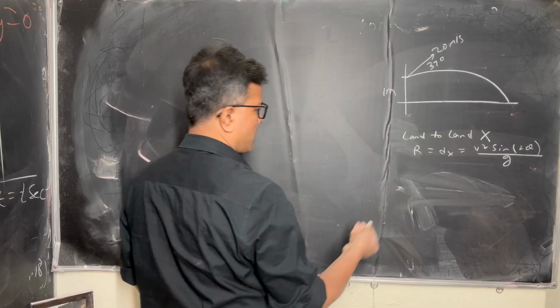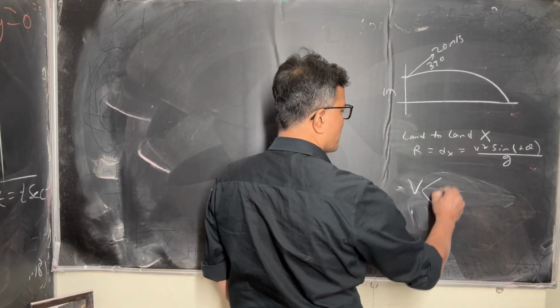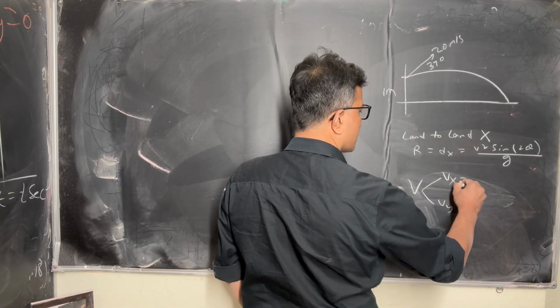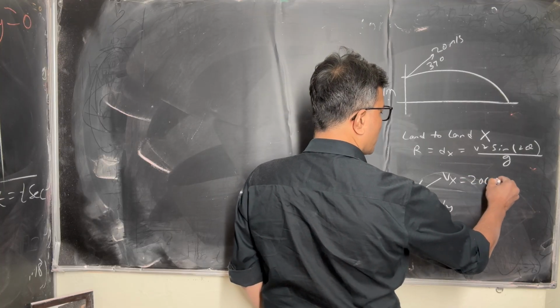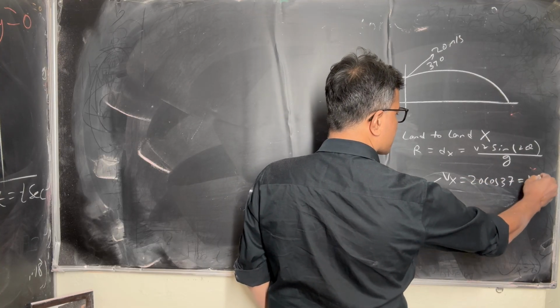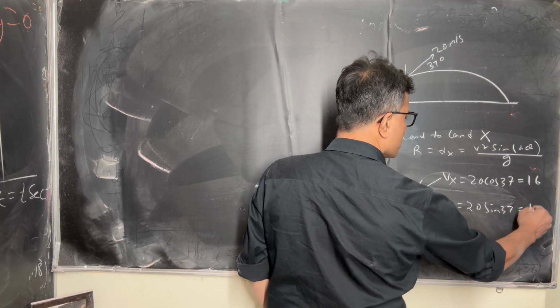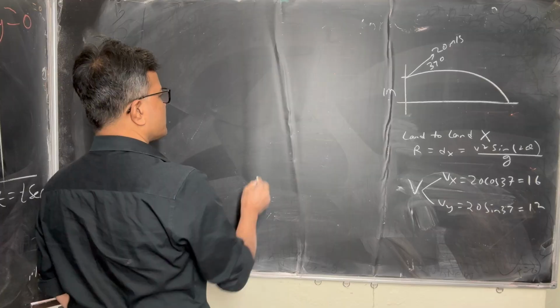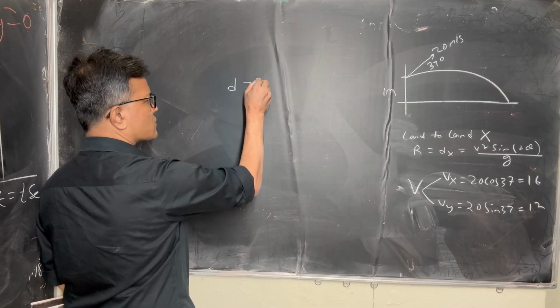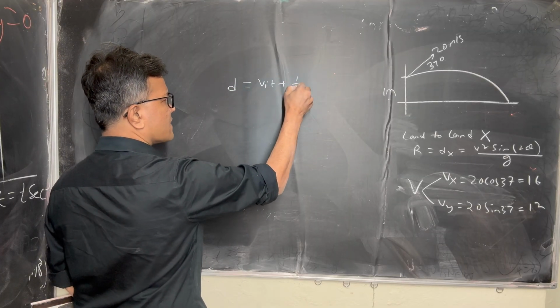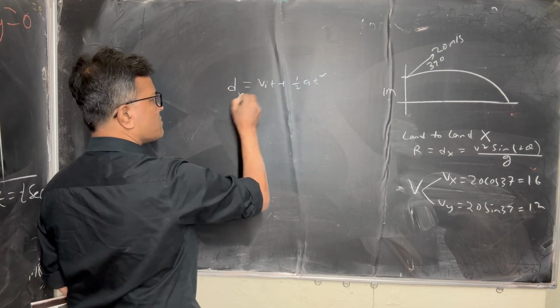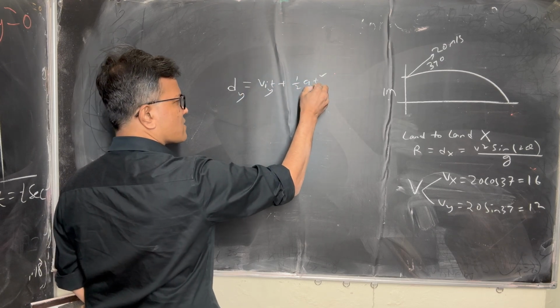Anyway, velocity has two components, vx and vy. 20 cosine 37, which is 16, and 20 sine 37, which is 12. So you have d is equal to vit plus half at squared. We want to find the time, so we care about the y direction only.